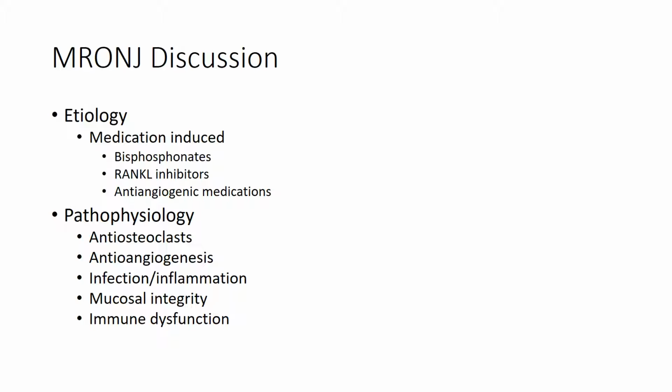People think it may be from the anti-osteoclastic activity or the anti-angiogenic activity. Maybe an infection or inflammation sets it off. Some people think it's due to a fundamental problem in mucosal integrity, and immune dysfunction may play a role.